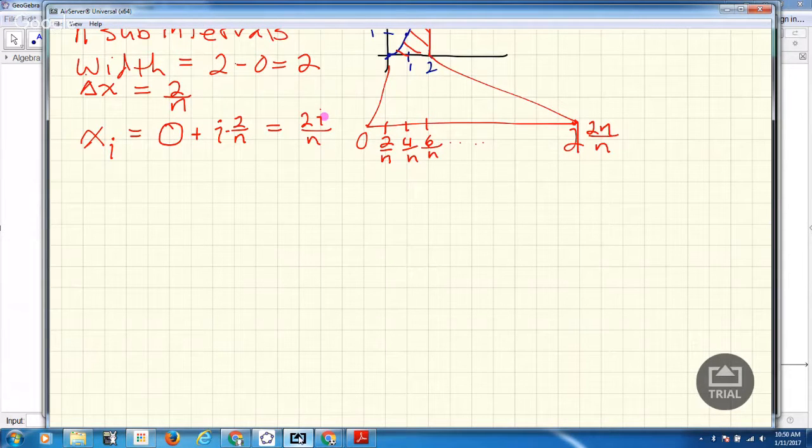So then each rectangle, oops, that's my highlighter. And let's switch colors. Each rectangle, let's call that delta area, a little chunk of area, is going to have a width of 2 over n and a height where I plug the given x value into my function.